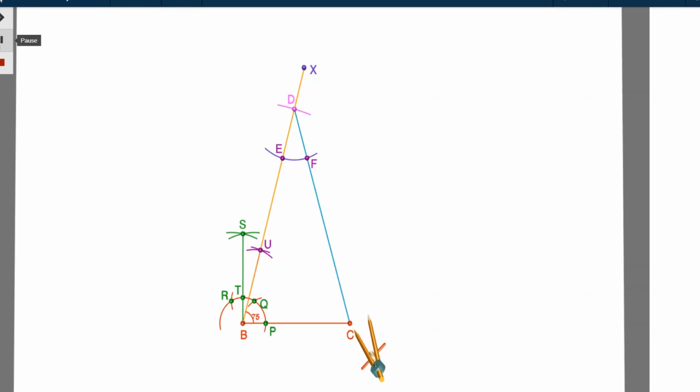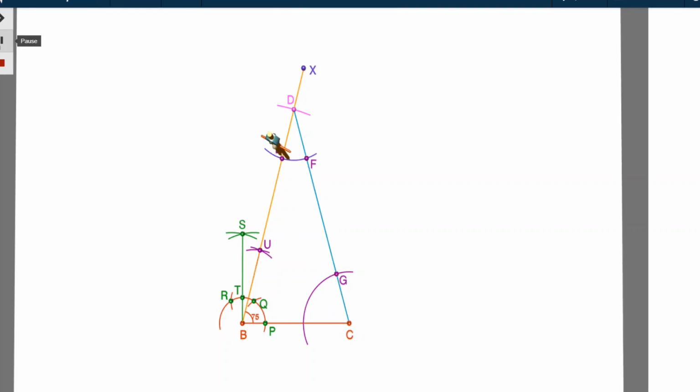With same radius and center C, put the needle of the compass at C, make an arc. For making equal angle, mark point G also. We have to measure arc EF. So put your needle of the compass at E and mark arc which passes through F. Don't disturb your compass. Put the needle of the compass at G and make an arc.